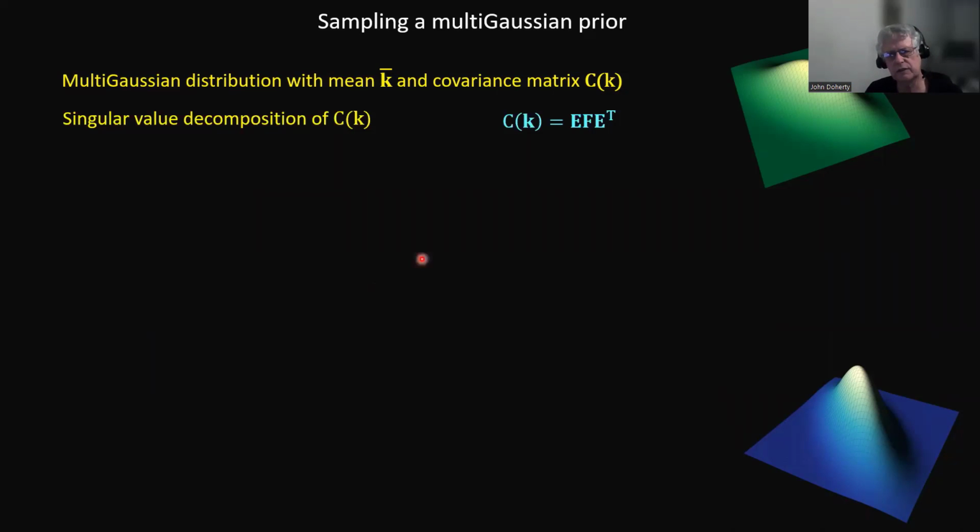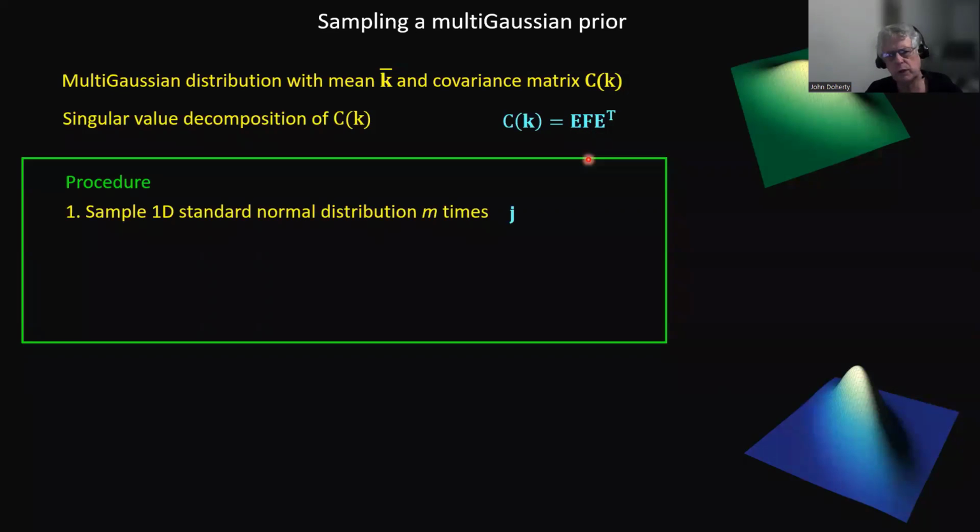The first thing I do is do singular value decomposition on CK, and I get EFE transpose. Because CK is positive definite, it's symmetrical, hence when I do singular value decomposition, that symmetry is expressed by the reuse of E twice, once for the transpose. So here's the workflow. I sample a one-dimensional standard normal distribution M times.